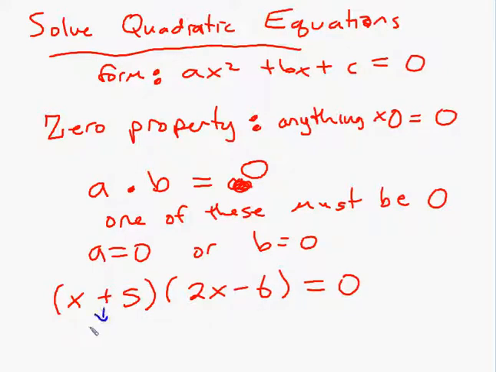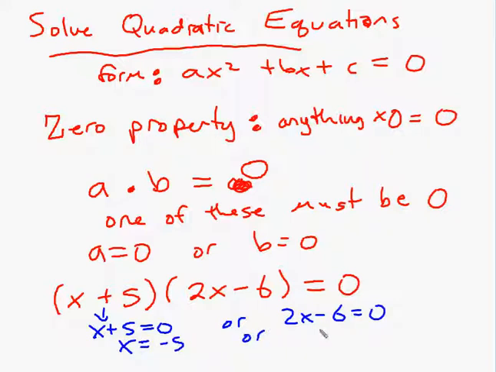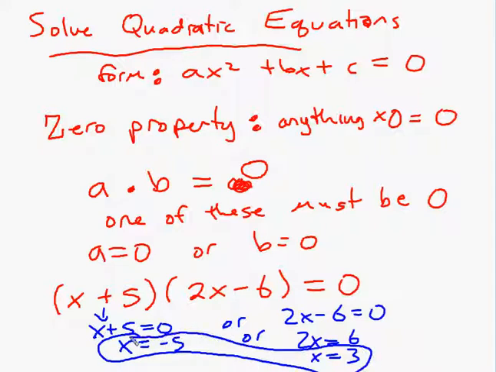So I'm going to say x plus 5 equals 0 or 2x minus 6 equals 0. So that means x equals negative 5 or 2x equals 6, divide by 2, x is 3. So that gives me two answers. Negative 5 or 3.